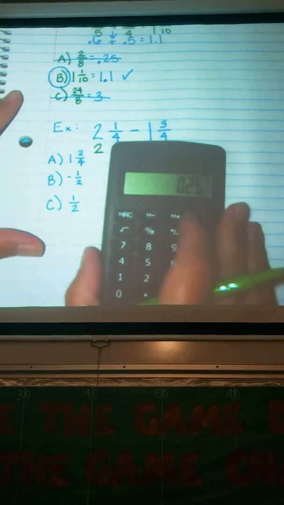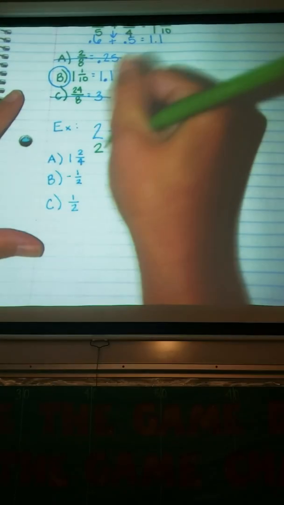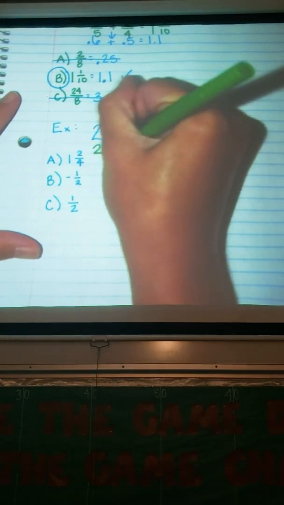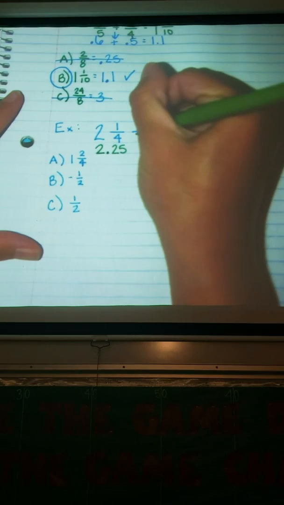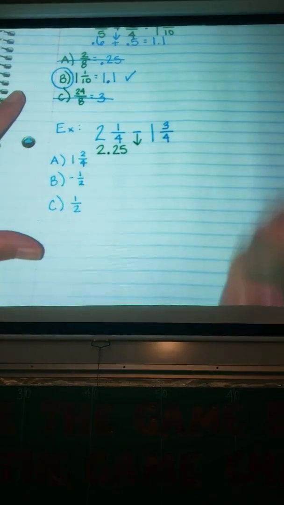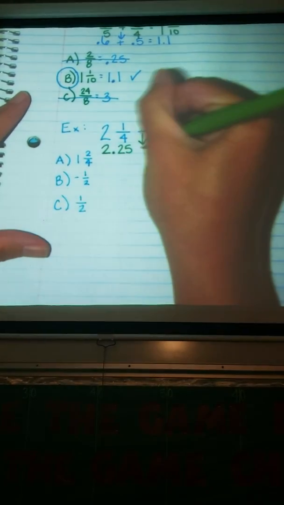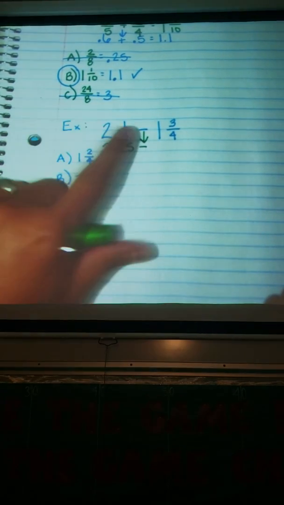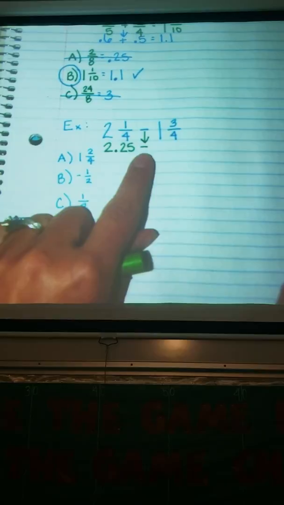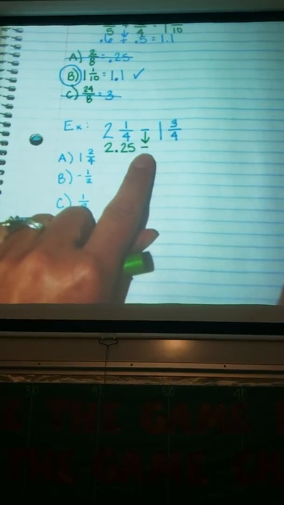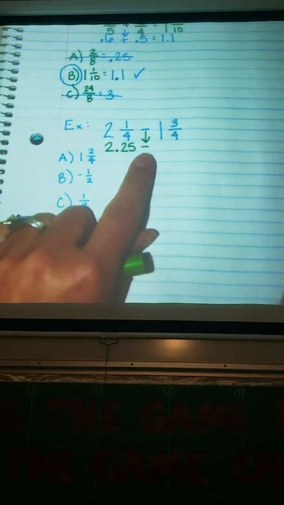So I'm going to add that to the end of my 2. 2.25. I have to remember that I'm bringing my operation symbol down. I want to do subtraction. If I wanted to do subtraction up here, I want to do subtraction down here. Just because we changed it to a decimal doesn't change the operation sign.